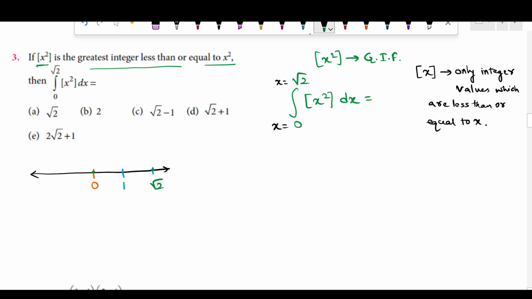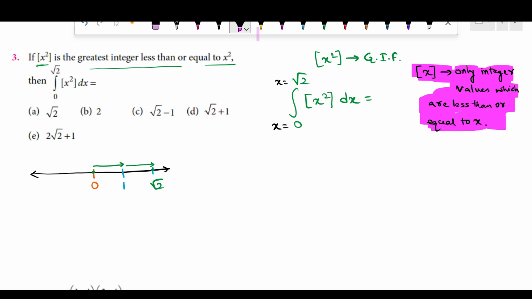Right? So what we do is we first integrate from 0 to 1, and then we integrate from 1 to root 2. Right? You need to keep this concept clear if you are solving this type of questions. You need to know the meaning of this.